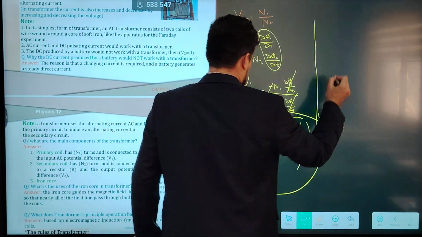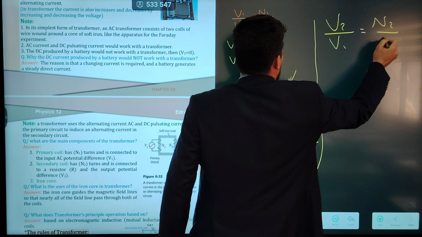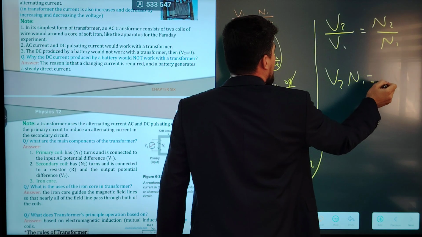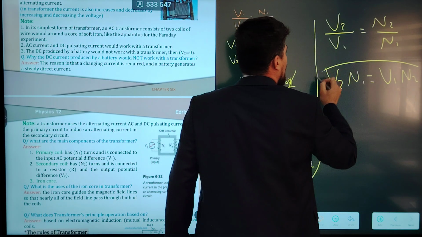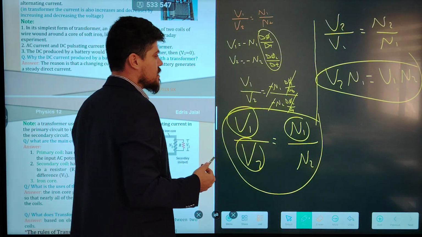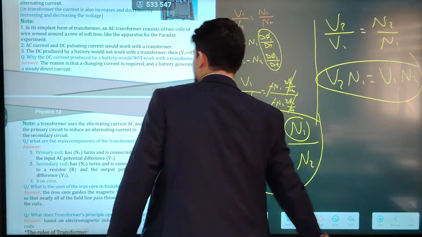Also, you can write it like this: V2 over V1 equals N2 over N1, or V2 N1 equals V1 N2. They all have the same meaning. You can express the transformer equation in many different ways.